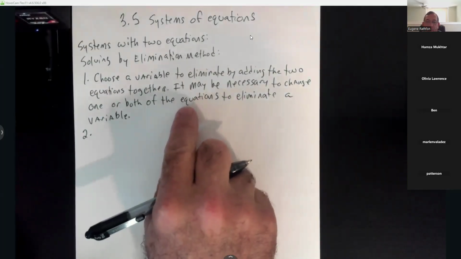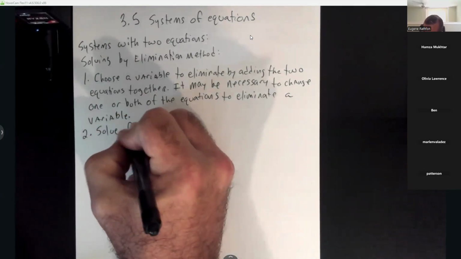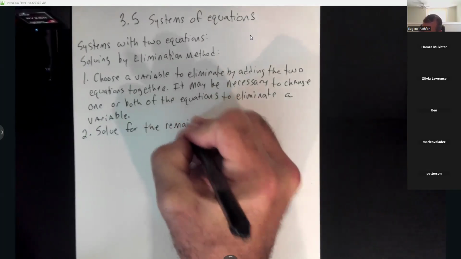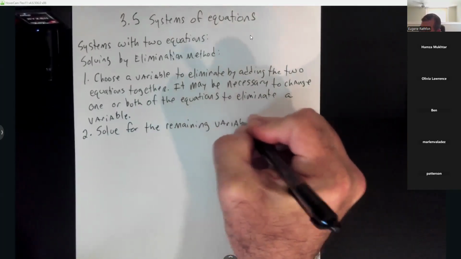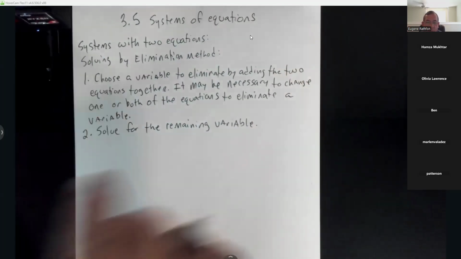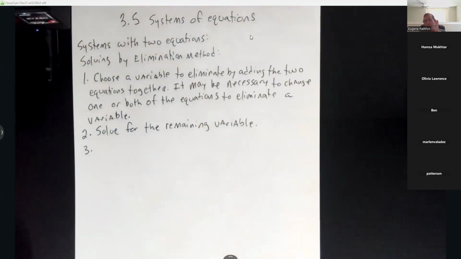So we've eliminated a variable. So what we then do is solve for the remaining variable. So whichever variable that we have left, we're going to solve for that variable. So that's going to give me one of my variables.